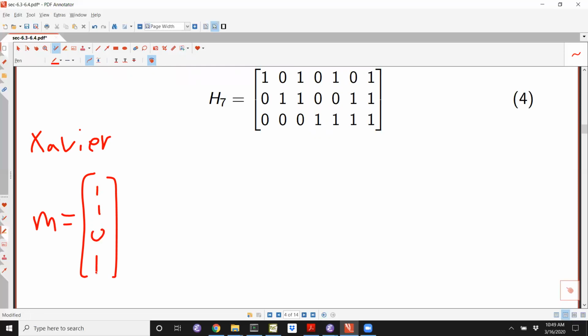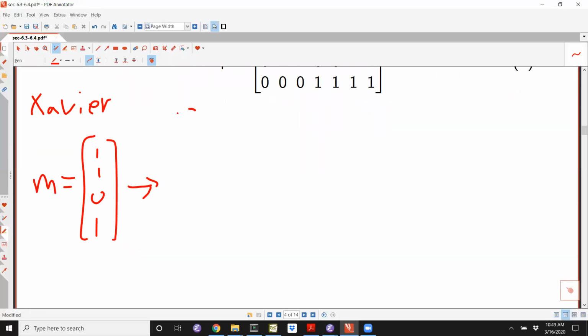All right, so suppose Xavier wants to send the message 1, 1, 0, 1. Then there will be 7 bits here: 1, 2, 3, 4, 5, 6, 7. And we said that the message bits get copied into bits 3, 5, 6, and 7.